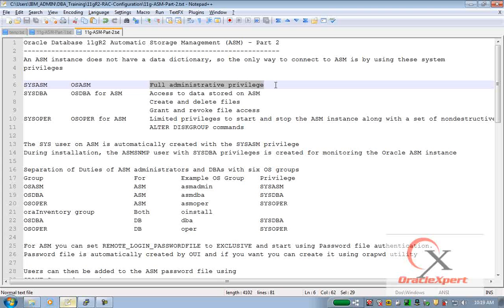Using the oracle account, install the RDBMS Oracle software. Then oragrid can be made a member of ASMADMIN, ASMDBA and ASMOPER. These are nothing but the operating system groups I am talking about.